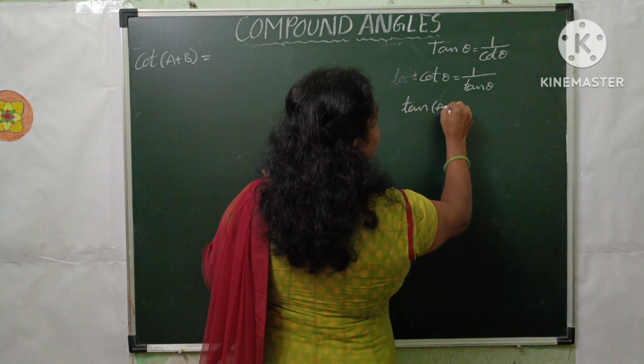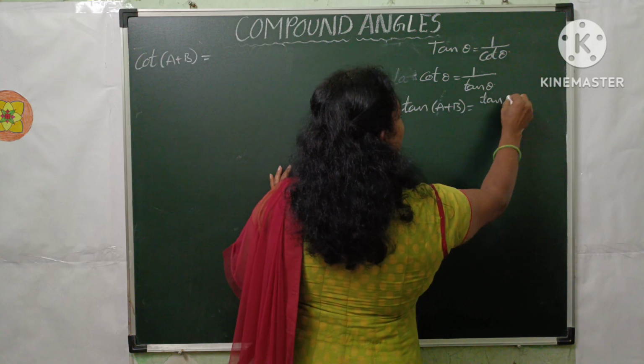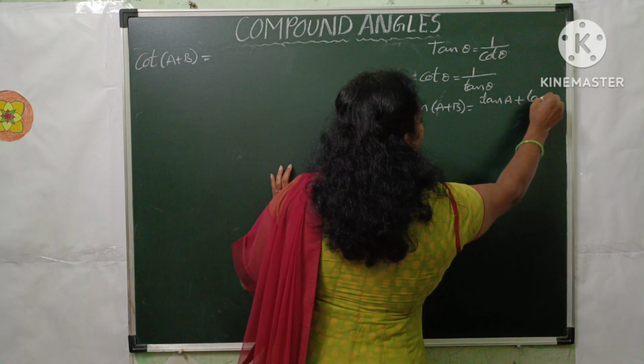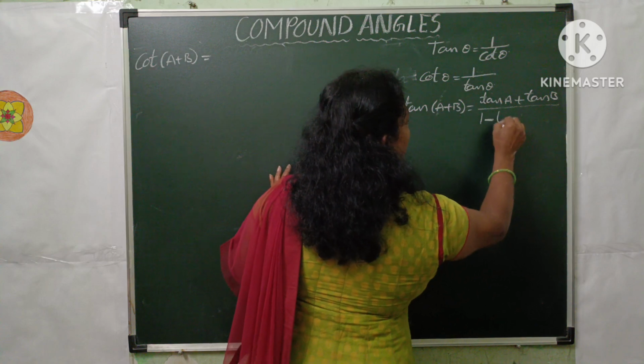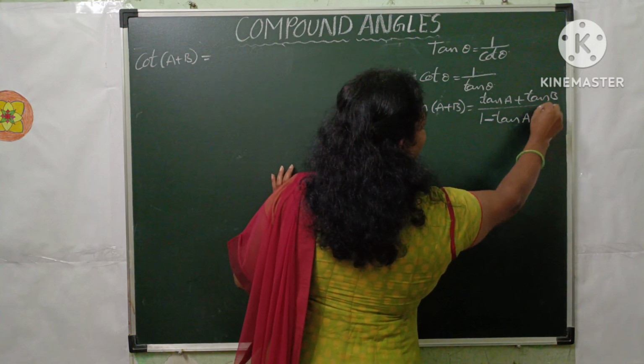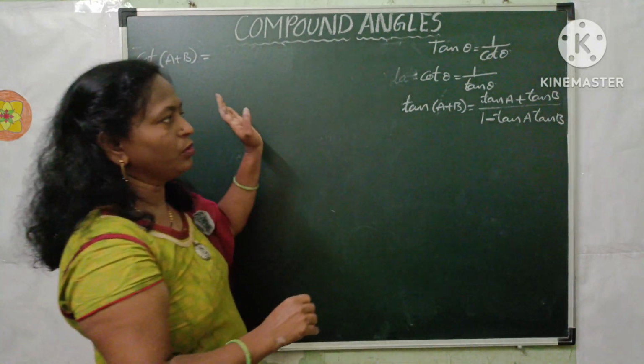What is tan A plus B? Tan A plus tan B by 1 minus tan A tan B. This is the formula we have to use here.